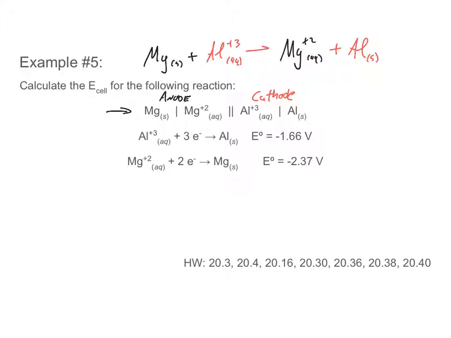Now I'm going to use the formula that we just discussed. The standard cell potential is equal to the standard reduction minus the standard oxidation.